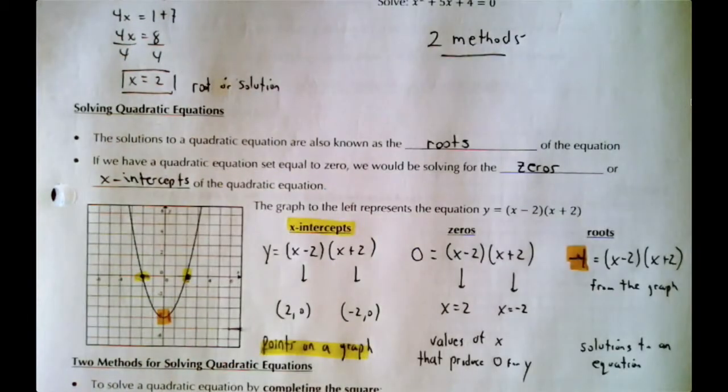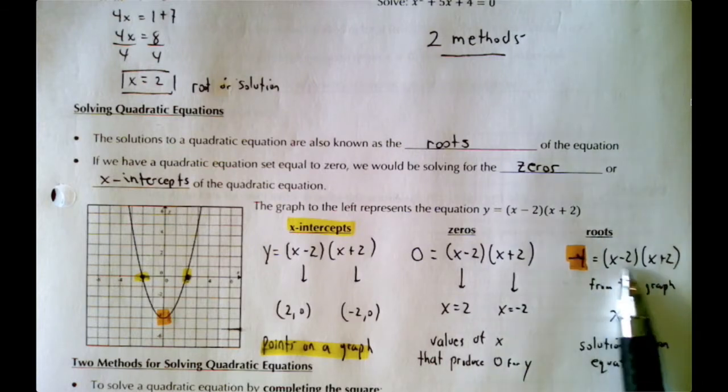Right there, at x equals 0. So x equals 0 would be the root of the equation negative 4 equals x minus 2 times x plus 2.